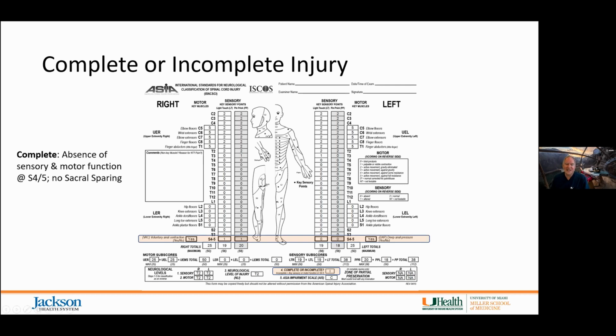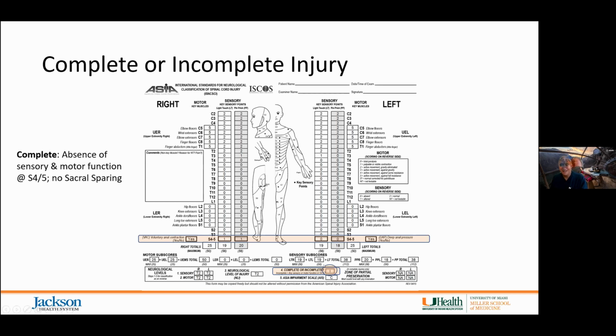To have a complete injury, you have to have an absence of voluntary anal contraction, an absence of all sensory function, light touch, pinprick, as well as deep anal pressure. So if this is N, no, they have no anal contraction, no deep anal pressure, and the light touch and pinprick are both zeros, you end up looking at this as if it's a no-no-no-no-no.